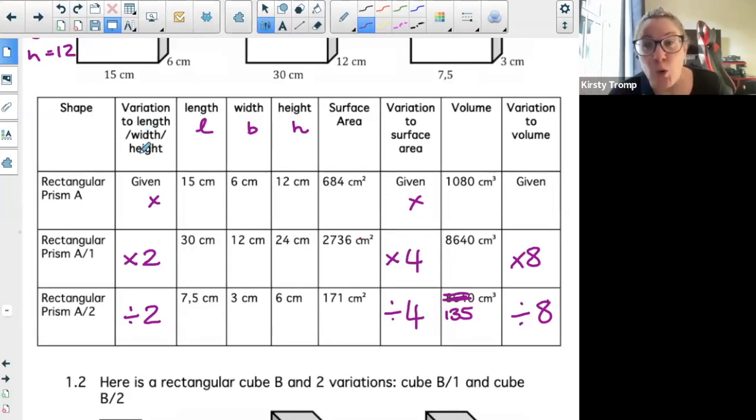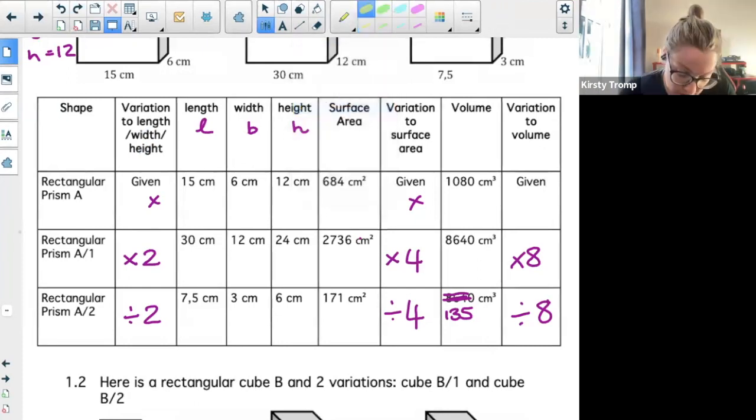When I'm looking at the surface area and I give my final answer, what do I always have the units in, guys? I always say that the units are squared, hey? So let's see if you recognize this.